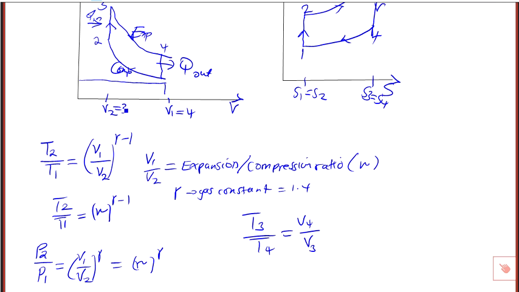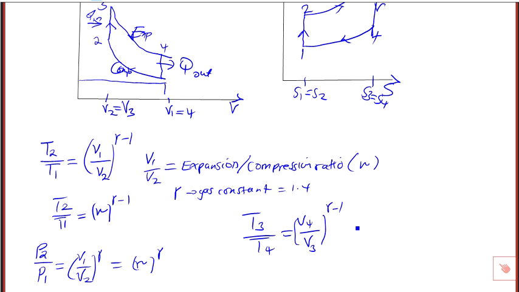This one is shown by using an eraser. This one is V3, so V2 equals V3. That is why we are having that comparison, and again that is to the power gamma minus 1.